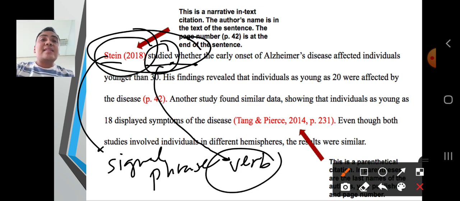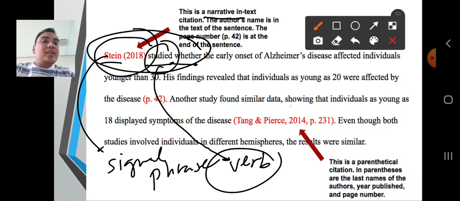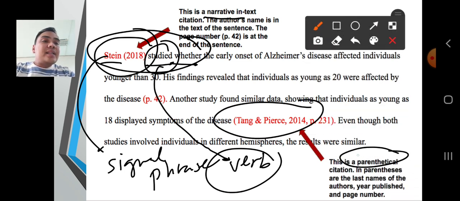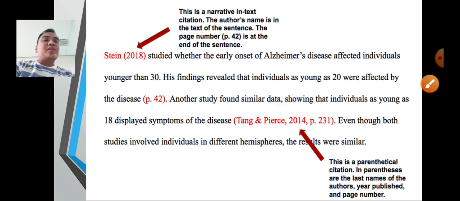Notice that this is an example of narrative citation because it is placed at the beginning part of the paragraph. On the other hand, the second example is classified as parenthetical citation. In parentheses are the last names of the authors, year published, along with the page number. Okay? So note the difference between narrative citation and parenthetical citation.